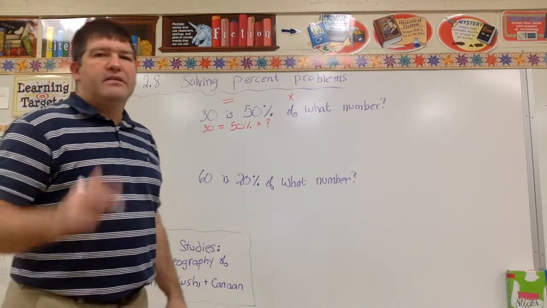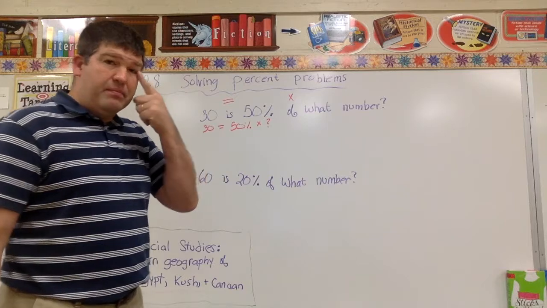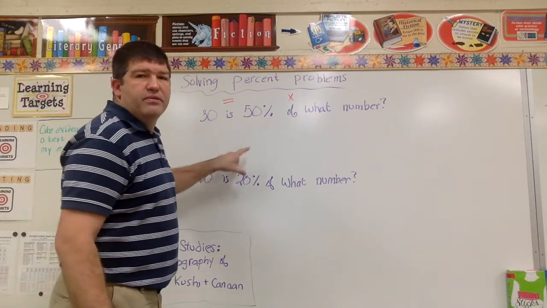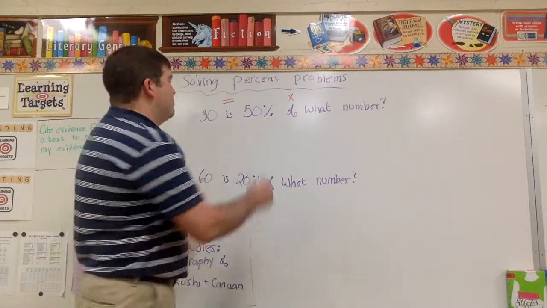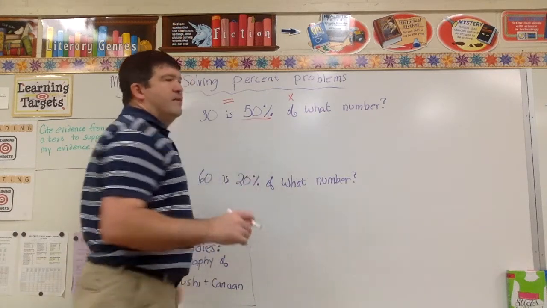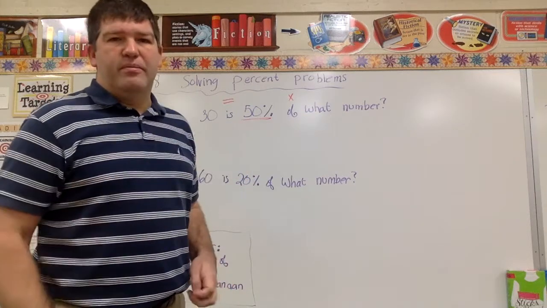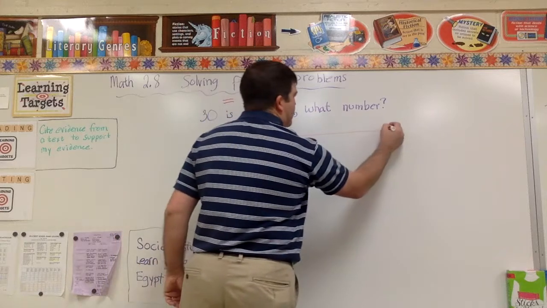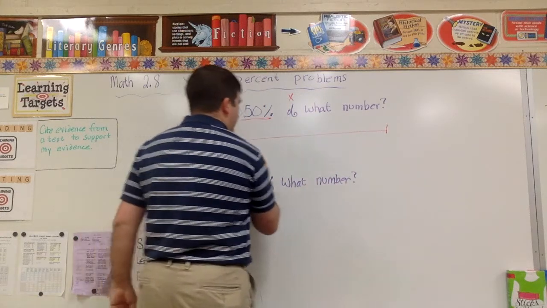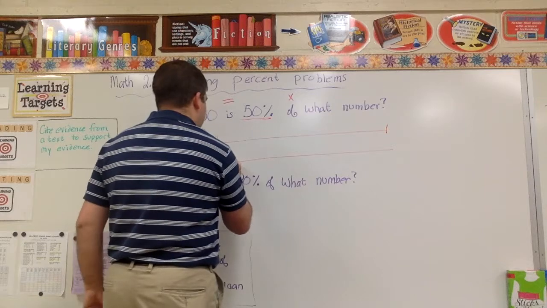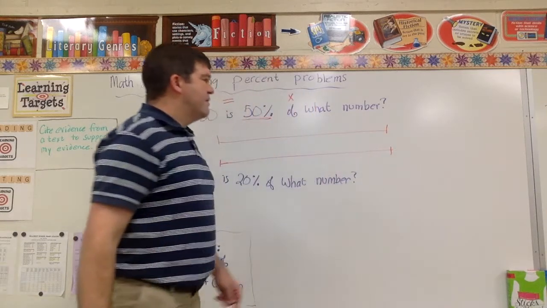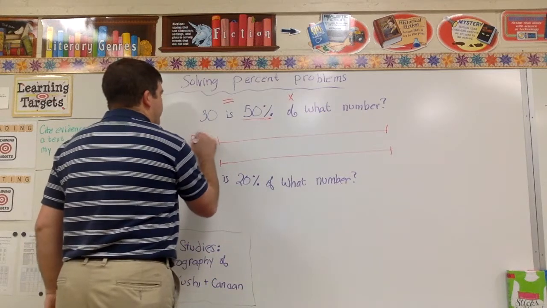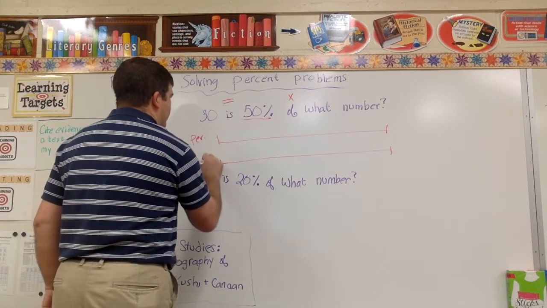Okay? Couple different ways to do this. I'm going to show you on this side of the board 2 ways to do it when the percent goes evenly into 100%. So this way, I have 2 lines exactly the same in length. One is percent and one is number.